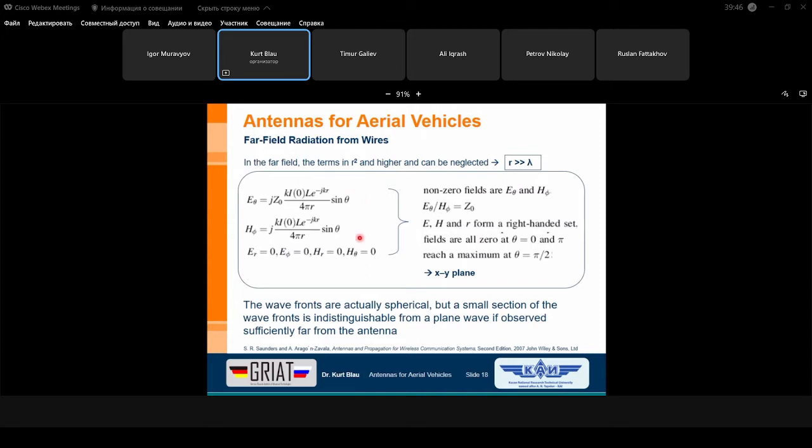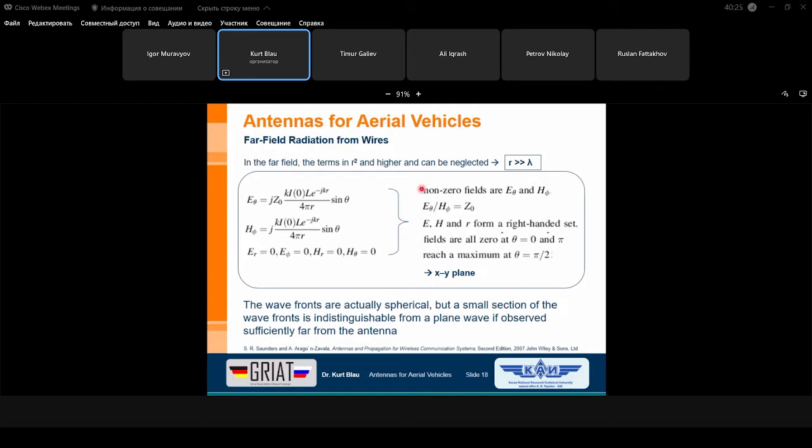Again, these are the basic formulas in free space: this is the E theta component, and perpendicular to this component, the H phi component, and the other components we can assume as nonexistent or zero. From a mathematical point of view, they are not zero. As I told you, it's only an assumption which makes the work a little bit easier.